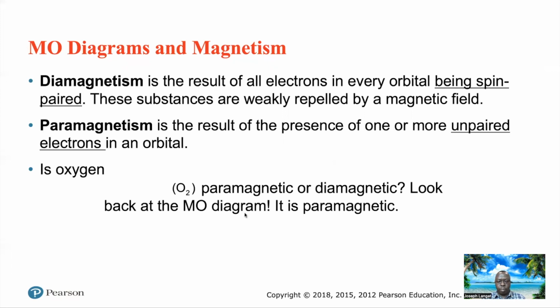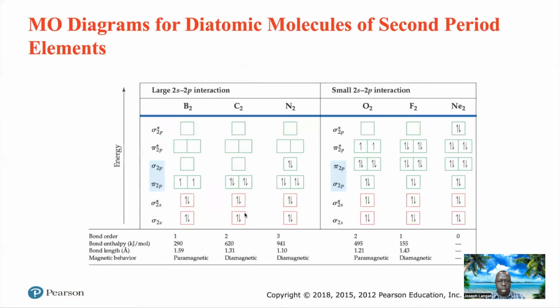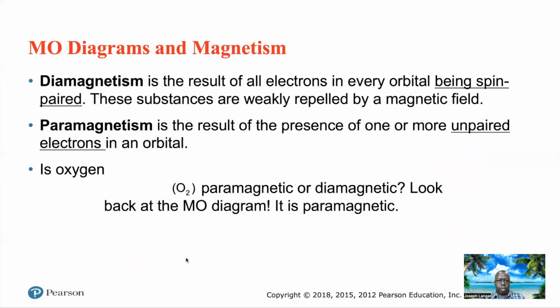Oxygen, for example, if you look at oxygen here, we have two unpaired, so we say it's paramagnetic. It's paramagnetic because of unpaired electrons.